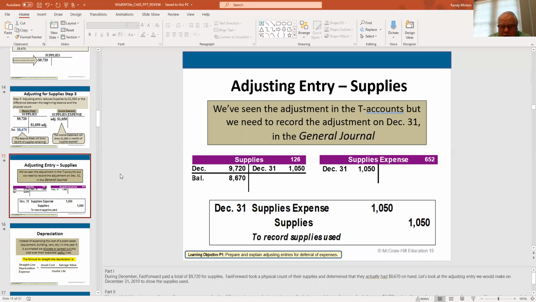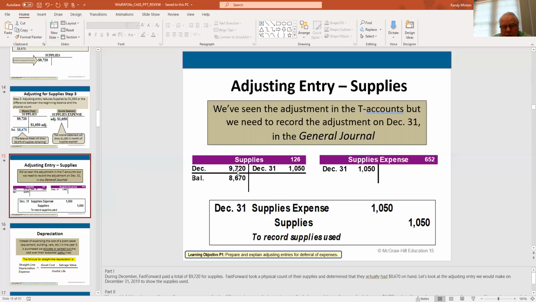So when we go at the end of the period and count how many supplies we have left, there's going to be a big difference between this number here and this number here. So what we have to do is adjust this number to get it down to this number.